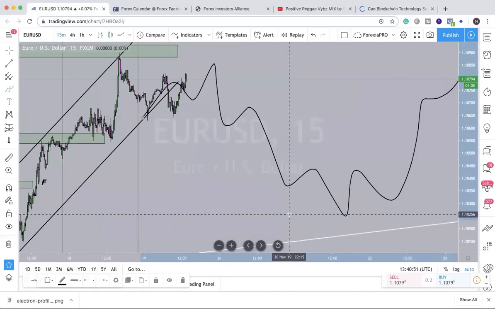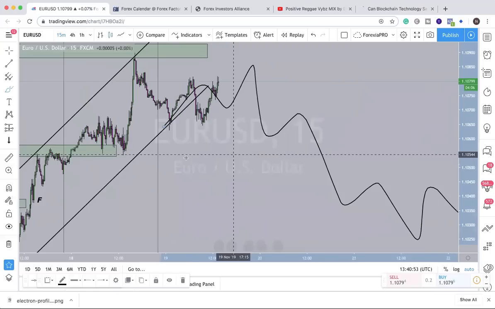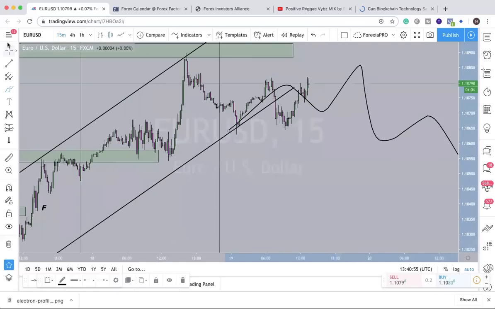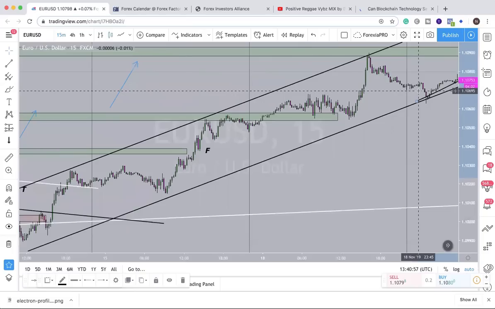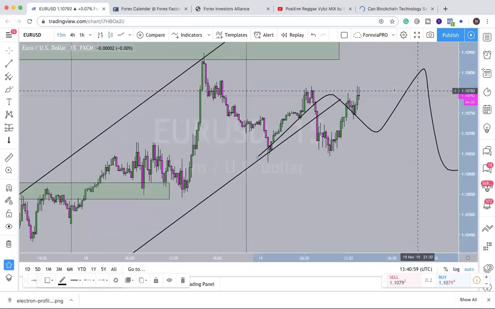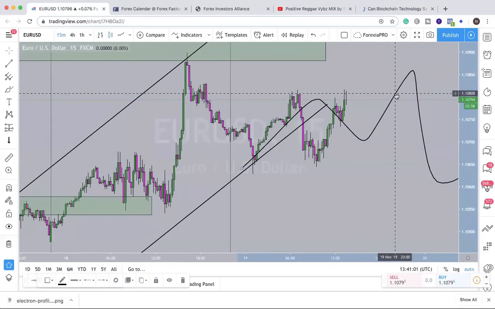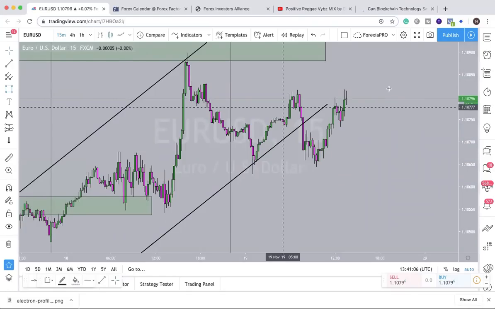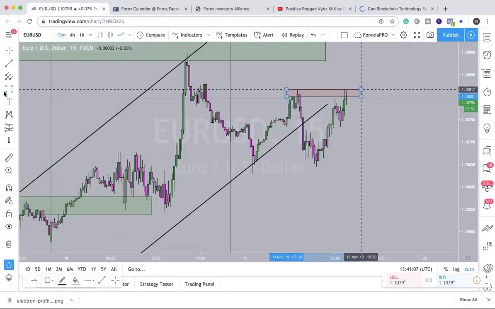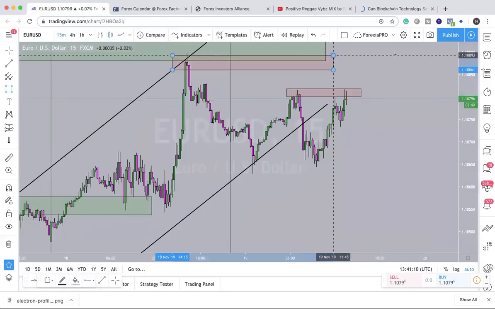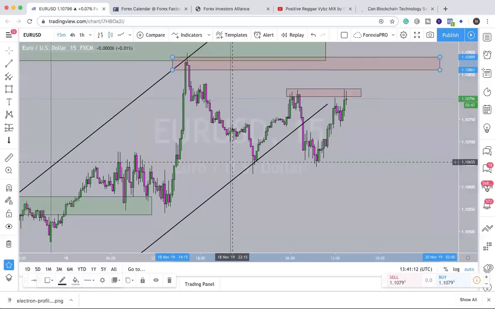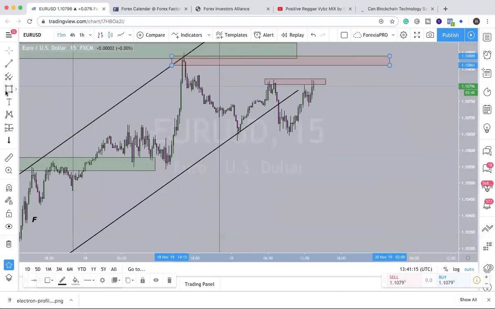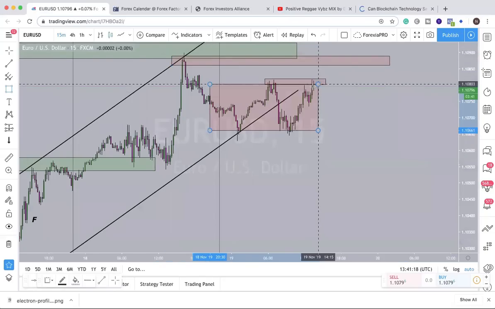So we are working off the high of the day on Euro USD. This should be considered the high of the day. However, there is a high of the previous day here that would make this kind of a consolidation.